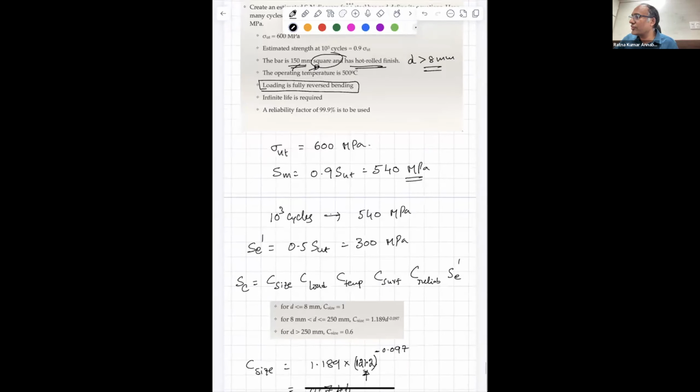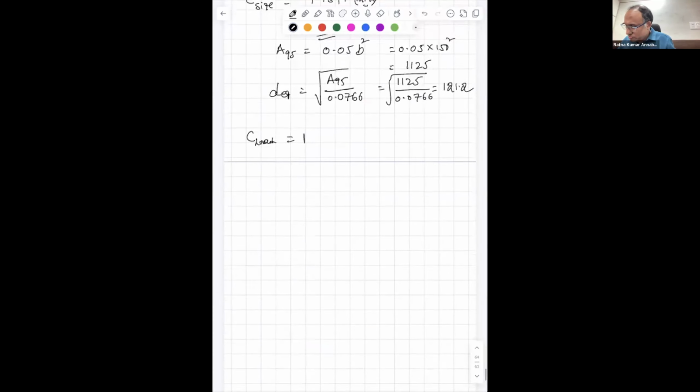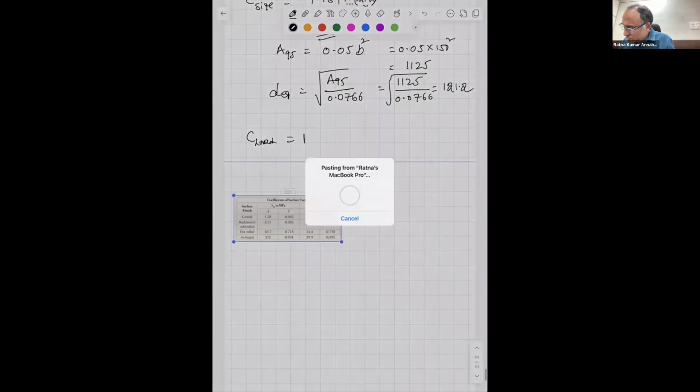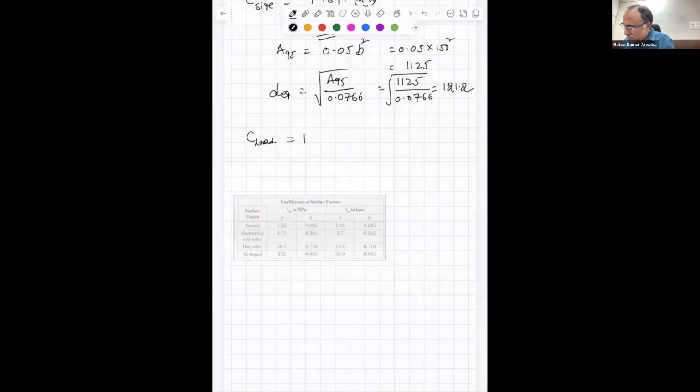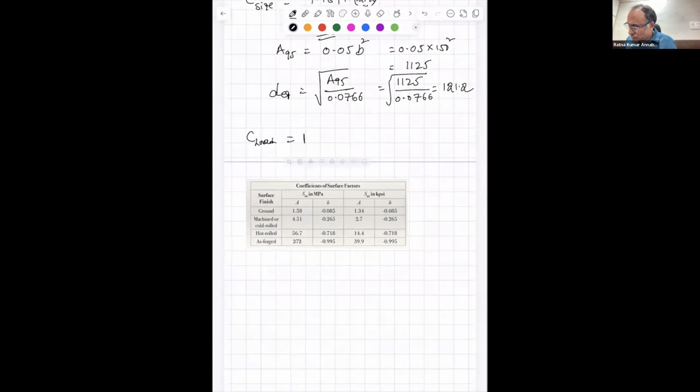So if it is hot rolled finish, C surf is equal to A times SUT power B. And it is hot rolled, right?